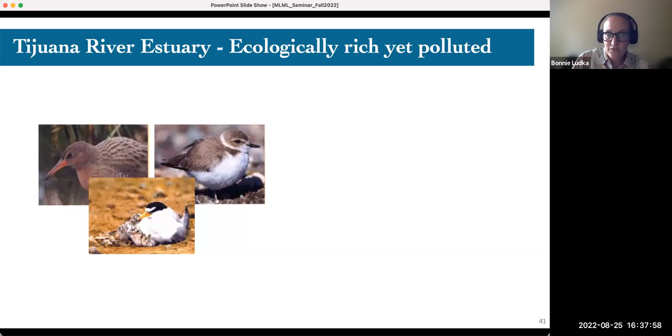So the Tijuana River estuary is a really complex place. It is ecologically rich. There are a number of endangered bird species that live there. And if you visit there when it has not rained, it's really stunning. It's really an amazing preserve.